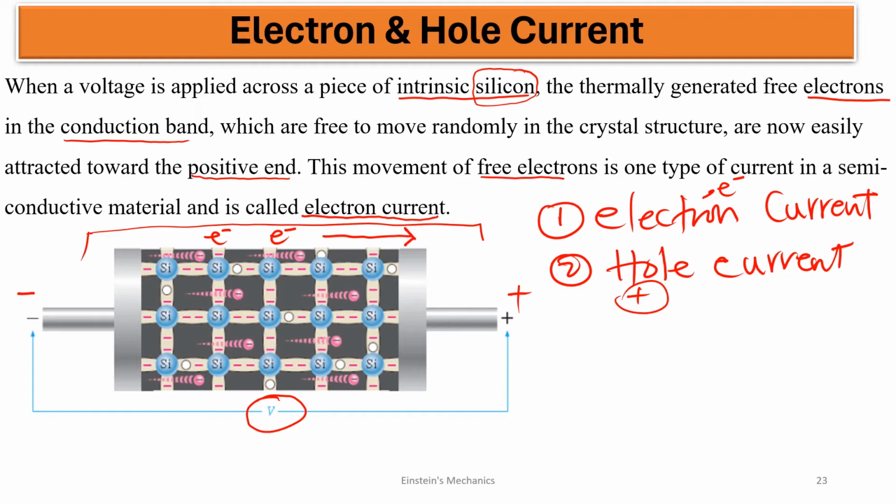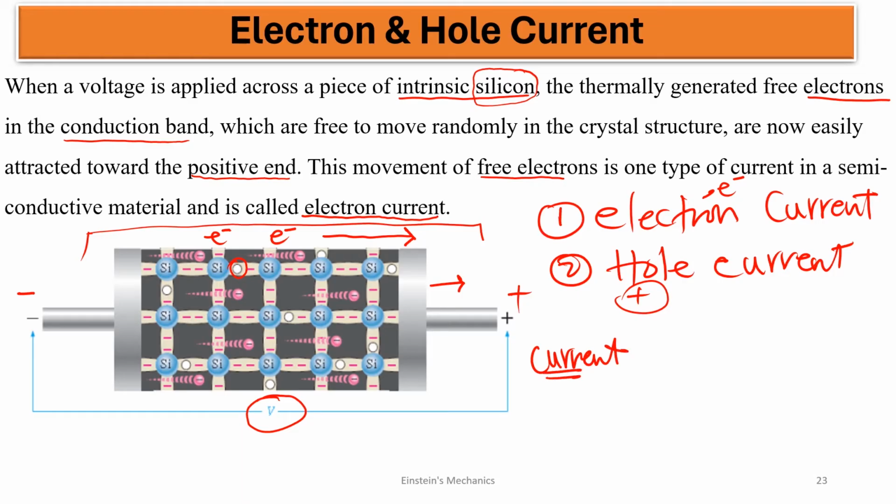And as an electron is moving, it is going to create a hole. So that hole also gives room for one electron to occupy it, and you will see a net movement of electrons towards the positive end. So this movement of electrons is going to create a current.